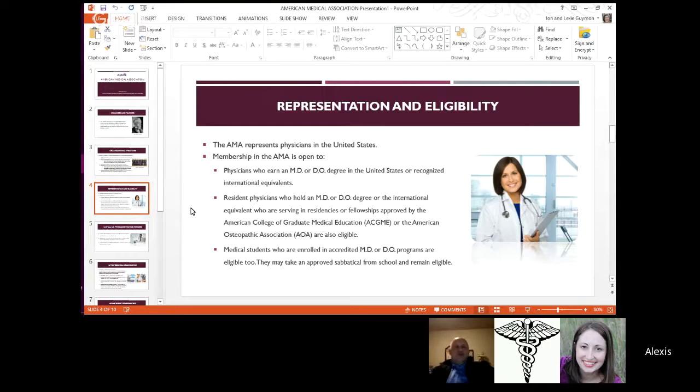Those people are also eligible. Then they can have students who have a student membership, and those are enrolled in an MD or a DO program. Those are eligible as well. And students may take a sabbatical from school and still remain eligible as long as the sabbatical is approved by the AMA and by the school.